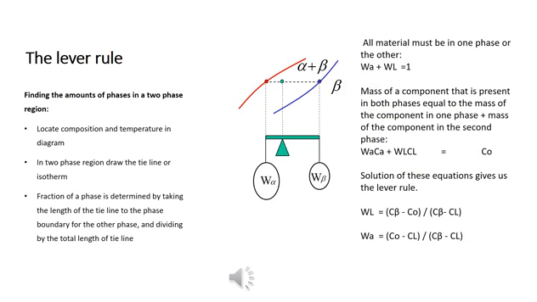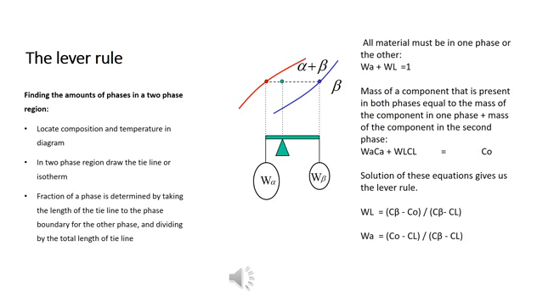At the end of the day, for this example, you will see that the weight fraction for the liquid will be concentration of C beta minus the initial concentration C naught, which is where our lever is pivoted, divided by concentration of C beta minus concentration of the liquidus or liquid, which represents the whole length of our tie, and this will give us the fraction which is liquid.